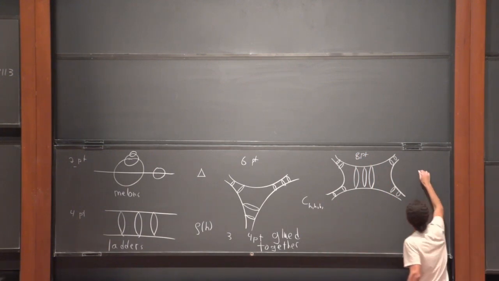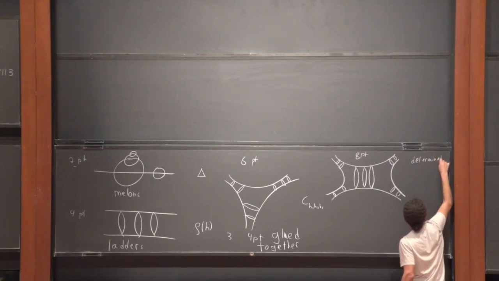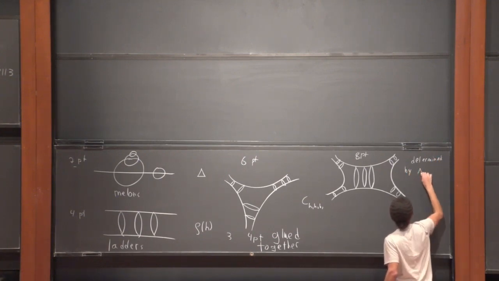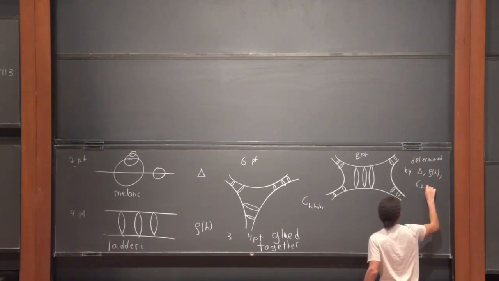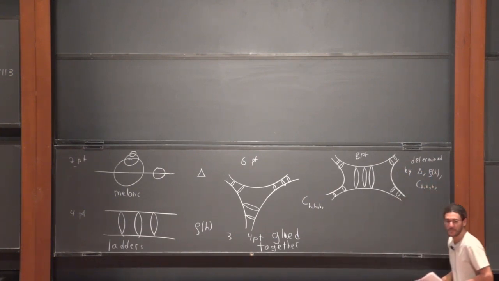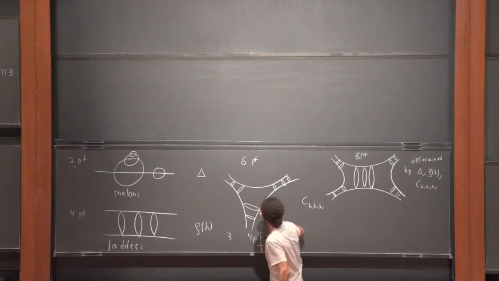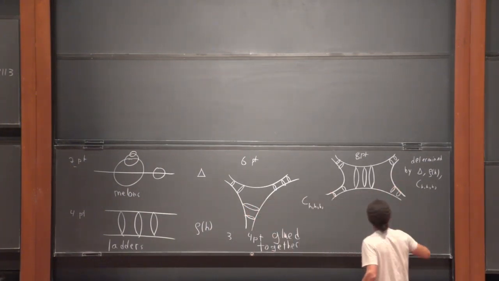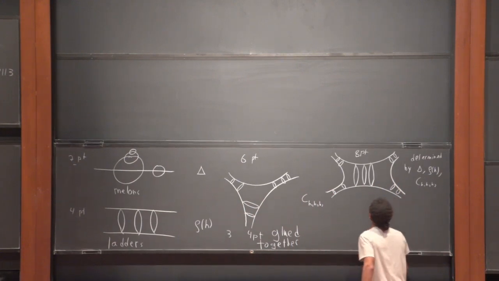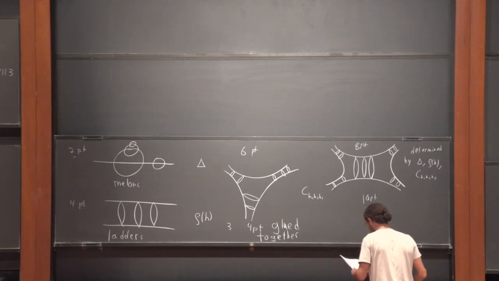And an essential point will be that this is determined by delta, rho of h, and c of h1, h2, h3 through very simple rules. So after we've computed these three things, then we're almost done. Well, once one knows the rules. And the same follows for diagrams contributing to higher point functions, such as the 10-point function.